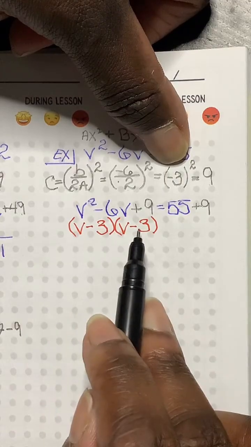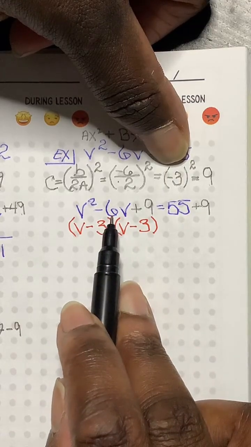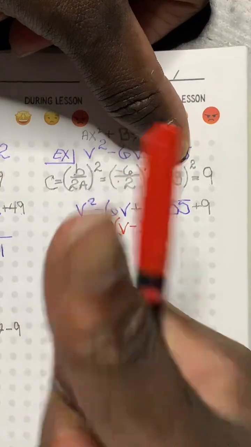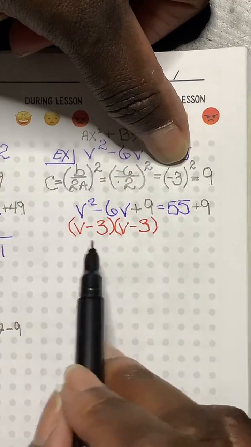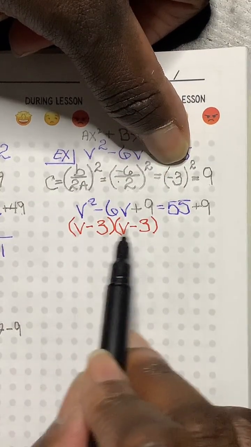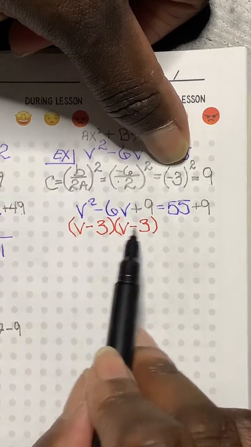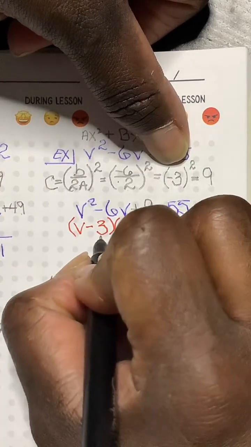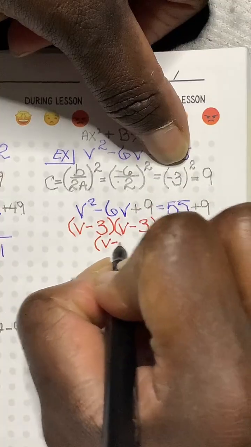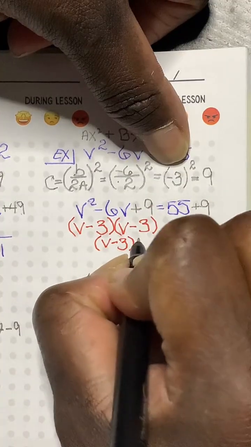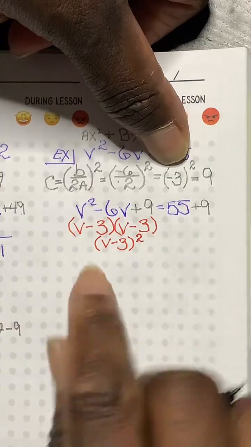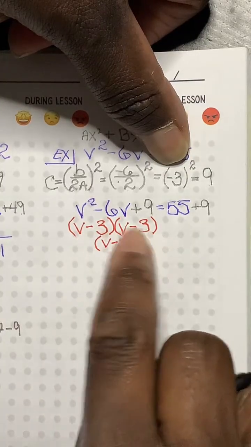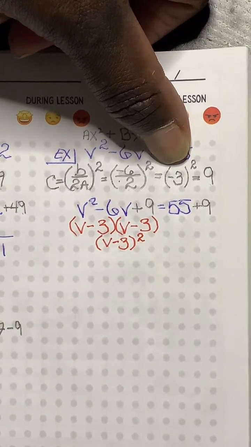And -3 minus 3 gives me that -6. So it works. And since we have the same information, the same products, we just make it into one parenthesis and we square it. The square is to represent the 2 products that we have.